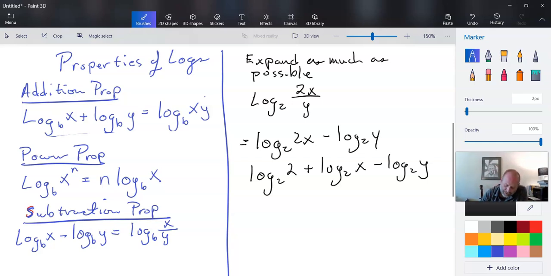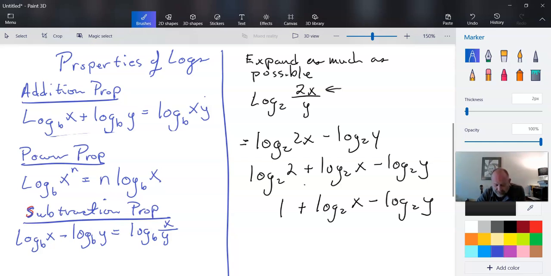And if you think about it, 2 to what power is 2? And the answer is 1, right? If the base matches the argument of the log, then the answer is 1. So this is 1 plus log base 2 of x minus log base 2 of y. Now, I'm going to point some things out that'll shorten your work on the next one.